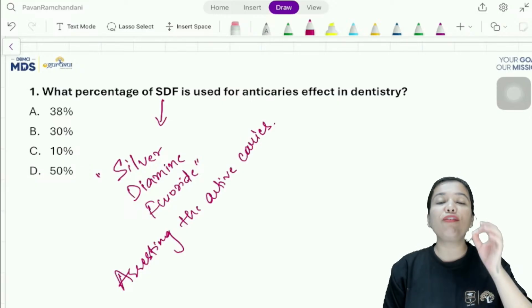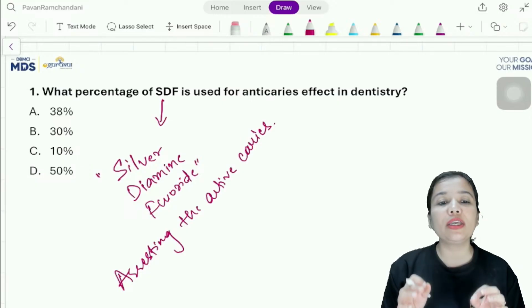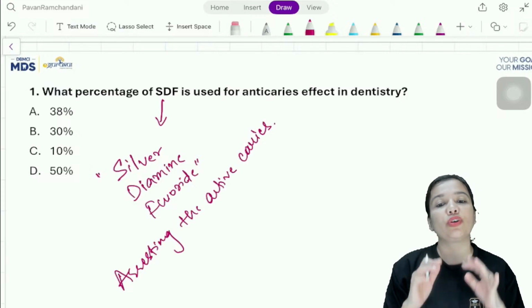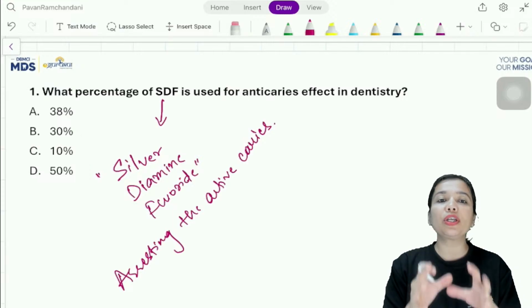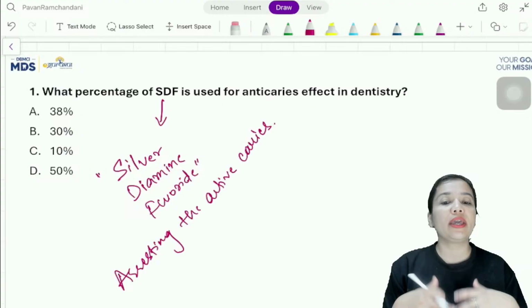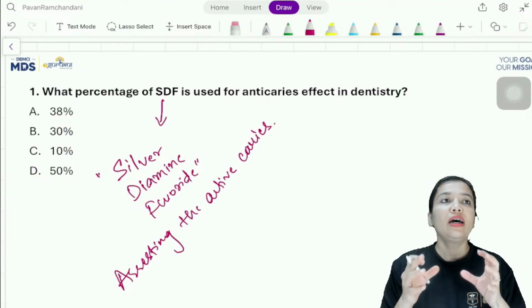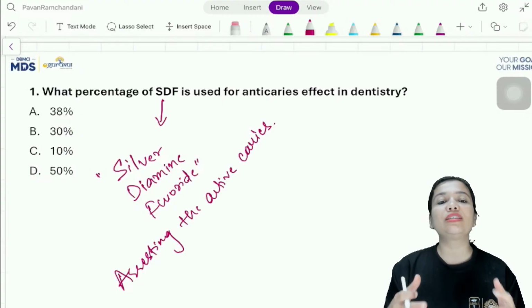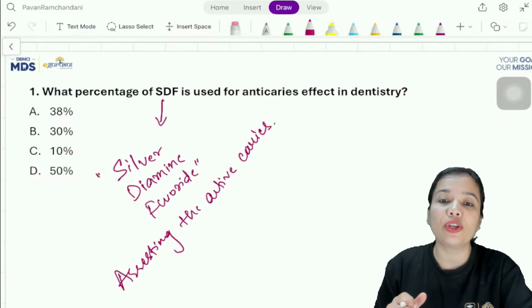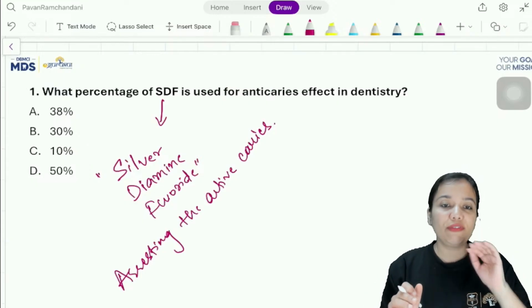Okay, it is a fluoride compound that is primarily used in the prevention and management of dental caries in children, particularly those who are having high risk of cavities, and in areas where it is difficult to access for clearing up all the active caries.